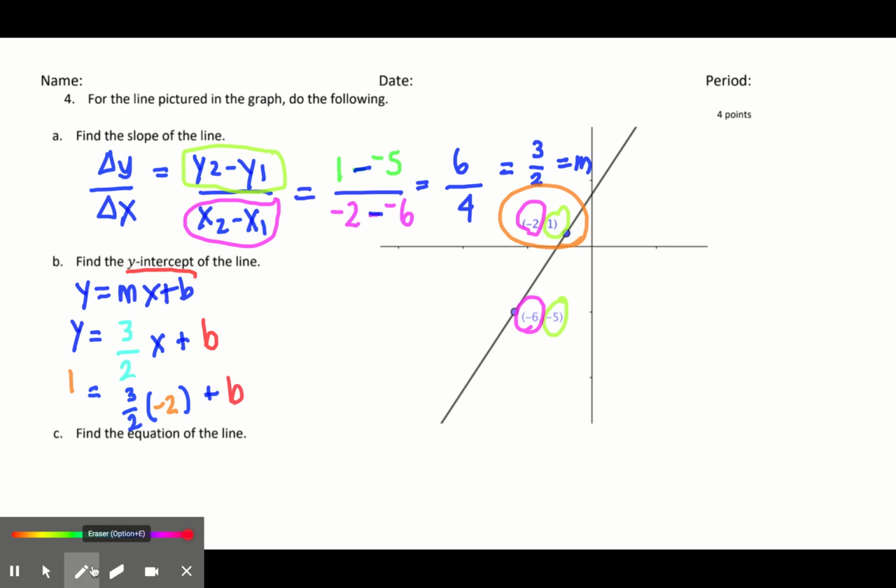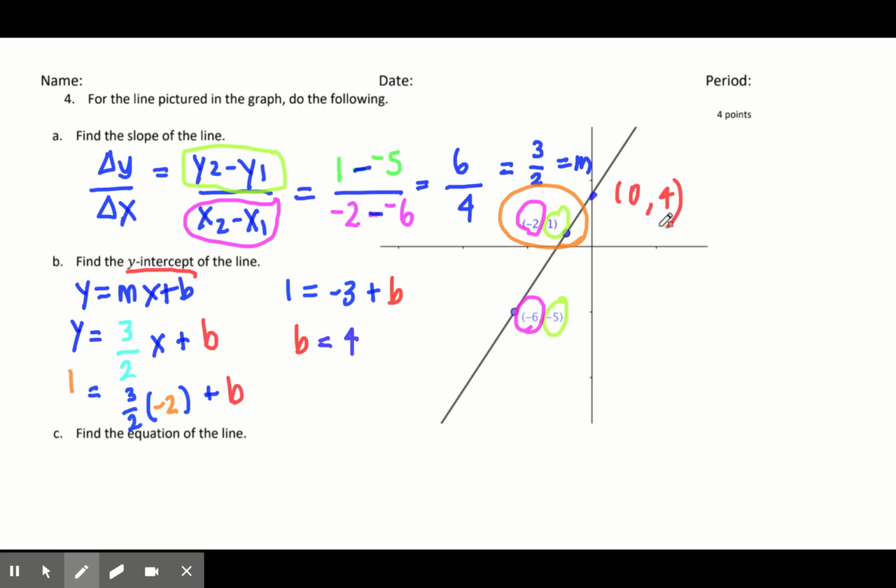Right, so we're going to solve for b. So 3/2 times -2 will be -3. So then you get 1 equals -3 plus b. And then you add 3 to both sides. So b equals 4. So this point here, the y-intercept, right, is 0, 4.